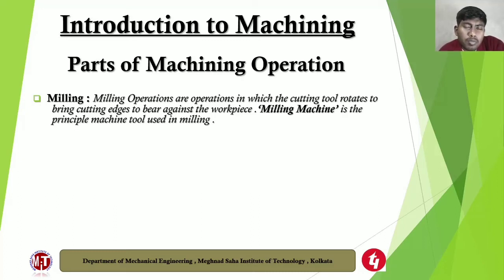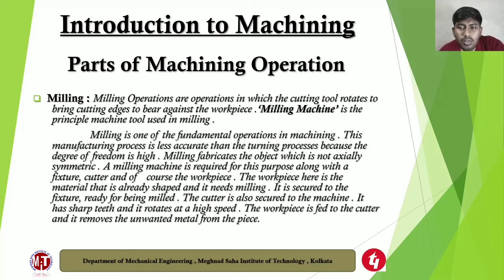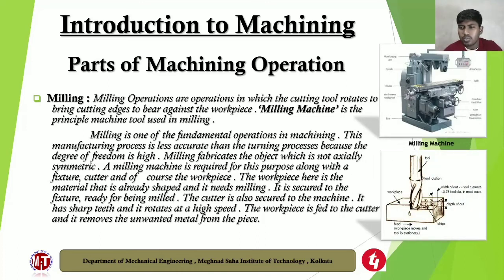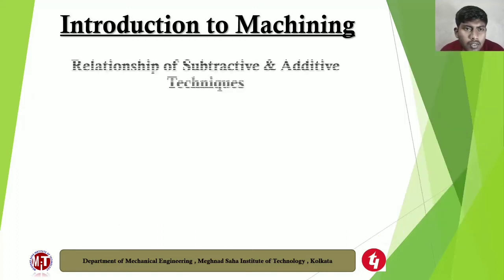I also said that it has less accuracy than the turning process because it has a high degree of freedom. So here is how it works, and then this is a milling cutter, and how a milling cutter works. This also uses a multi-edge cutting tool.